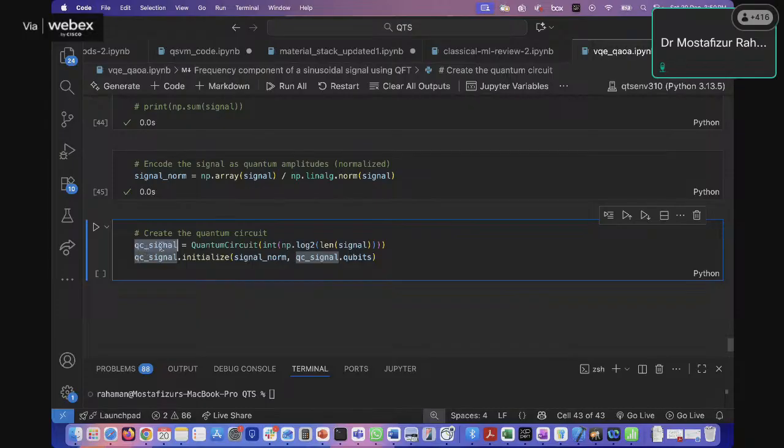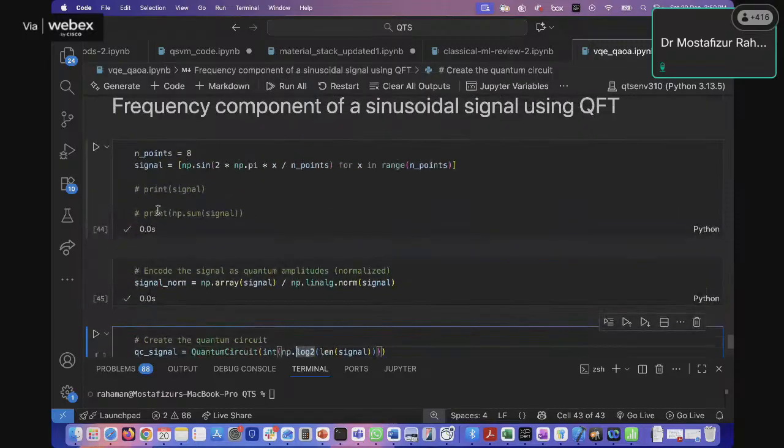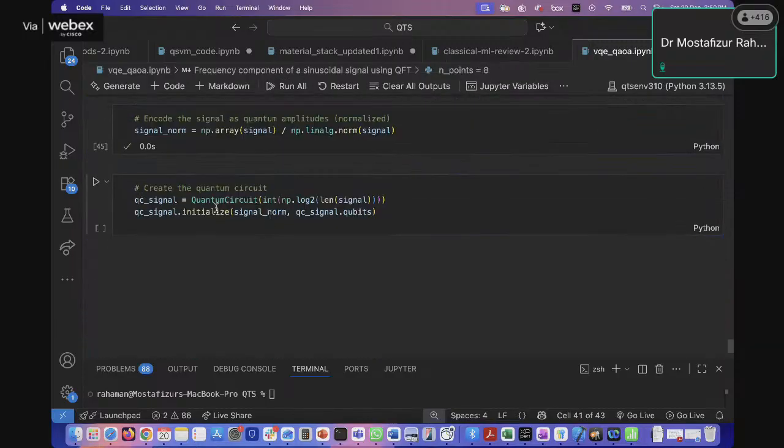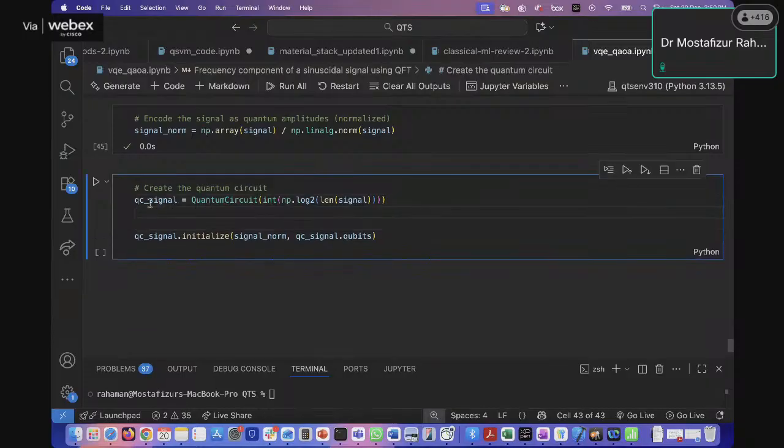And how many qubits do we need? There are 8 points, so you can directly take, say, QuantumCircuit(3), for example. That is fine enough.